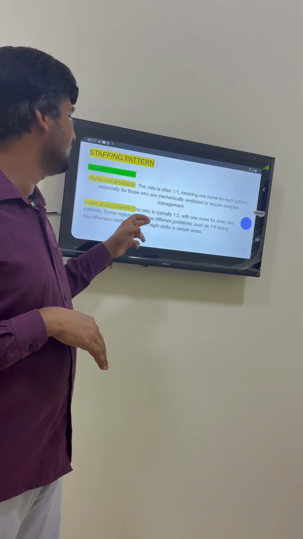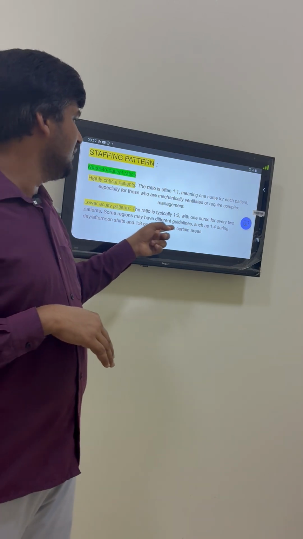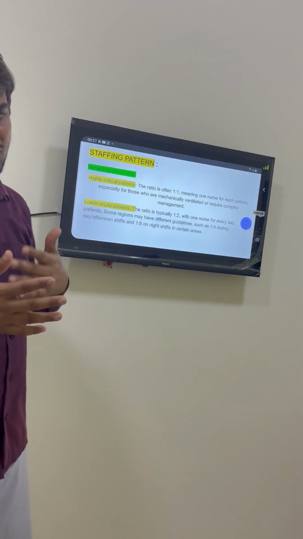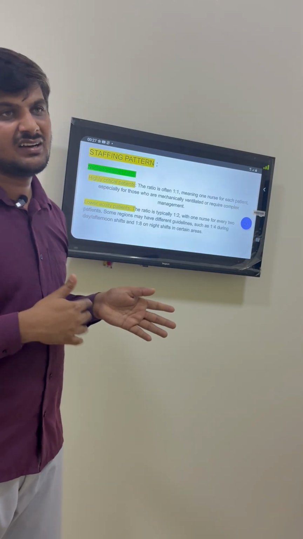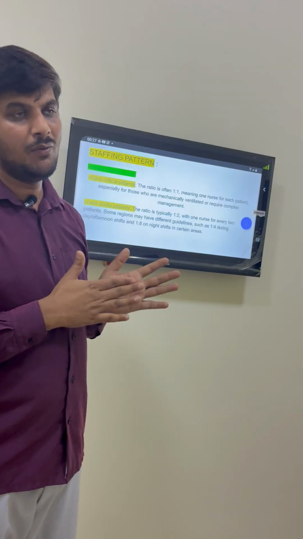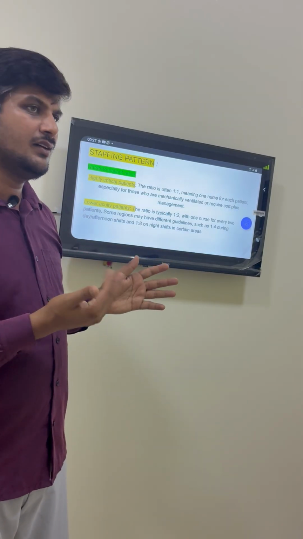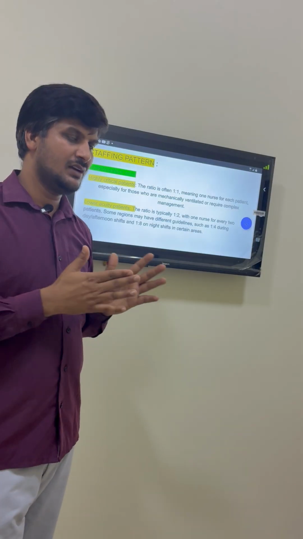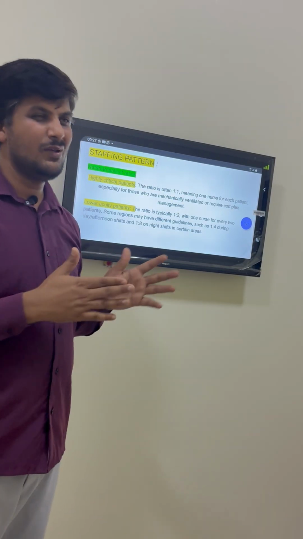And then some regions may have different guidelines. Usually shifts are 8 hours or 12 hours. In the western countries nowadays they are all going for the 12-hour shift, means each shift will be 12 hours. Because of the length of the care, it will be 12 hours, means there will be no interruption.